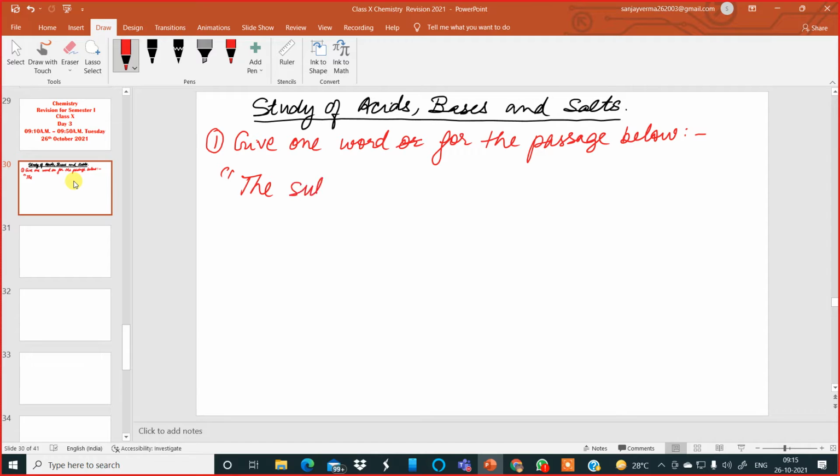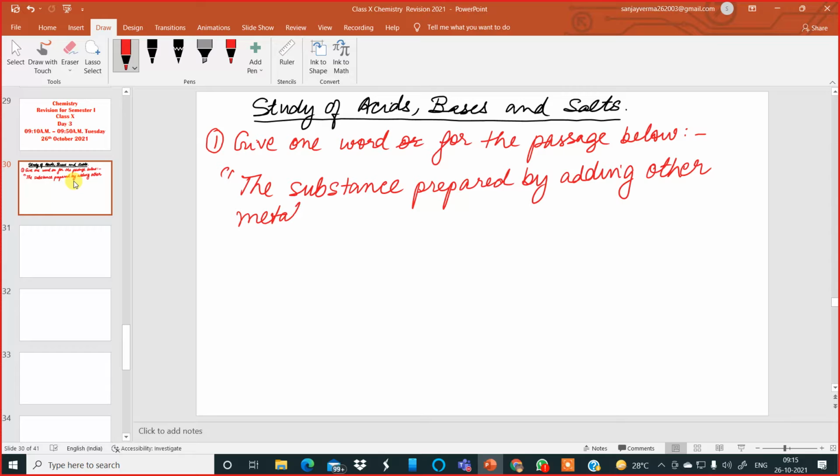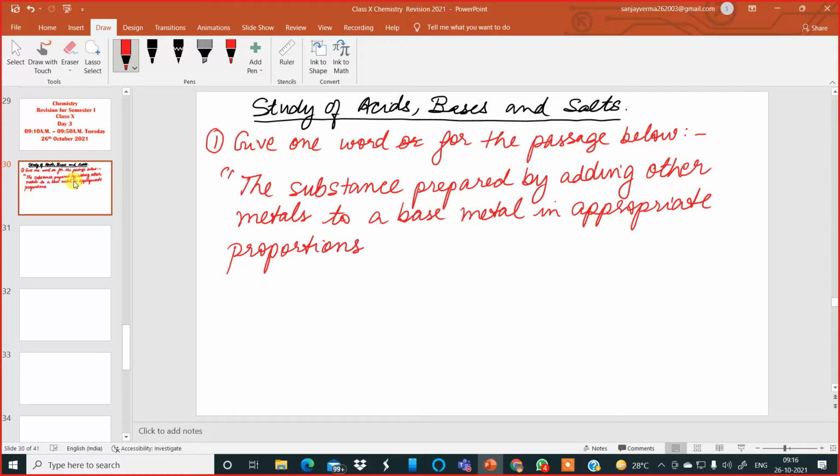The substance prepared by adding other metals to a base metal in appropriate proportions to obtain certain desirable properties.